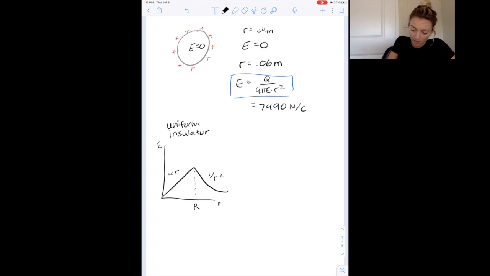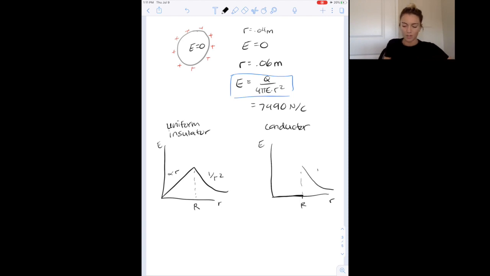But when we had a conductor, it's going to look like this, where it's 0, and then at r, it just jumps up and then goes off.